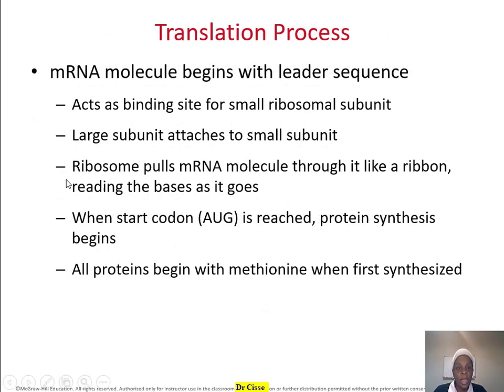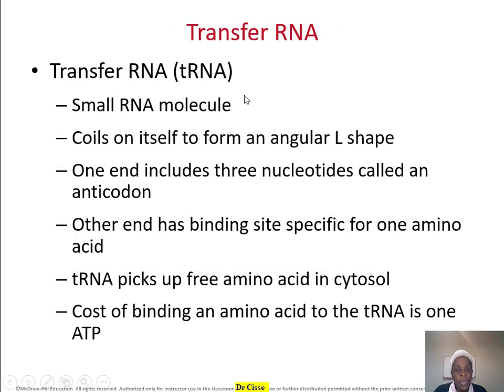How does translation happen? The messenger RNA molecule begins with a leader sequence, which acts as a binding site for a small ribosomal unit, and then the ribosome has to be added. And the tRNA has to add the amino acid. The small RNA molecule coils on itself to form an angular L shape, right?